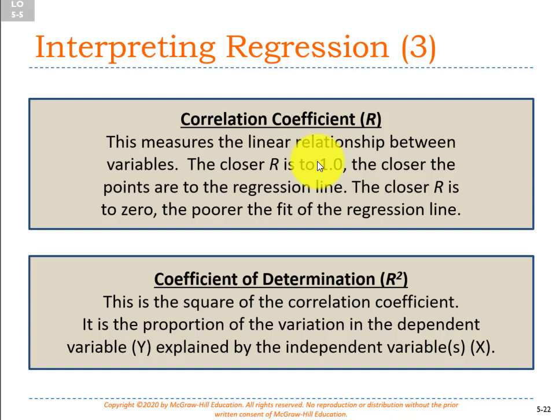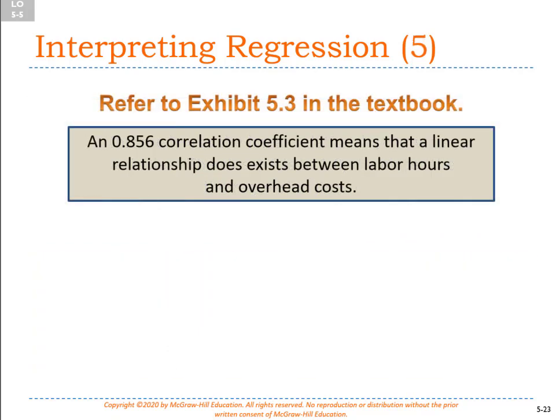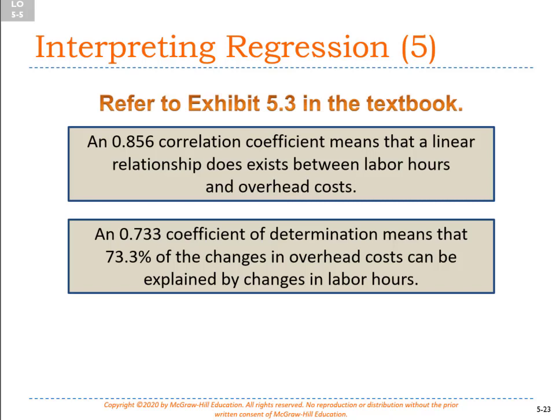In fact, if you have too close to 1 or 100%, you probably have data that somebody made up instead of actually used, because real life doesn't happen that cleanly. So that is how it works based on the textbook exhibit, and what that means.